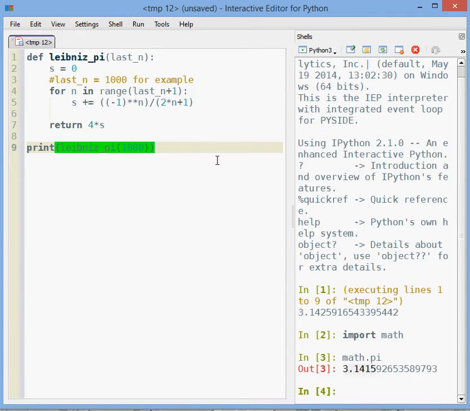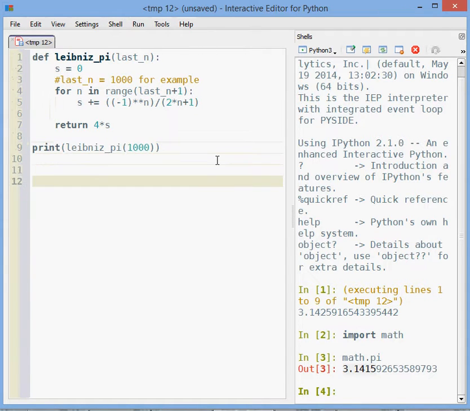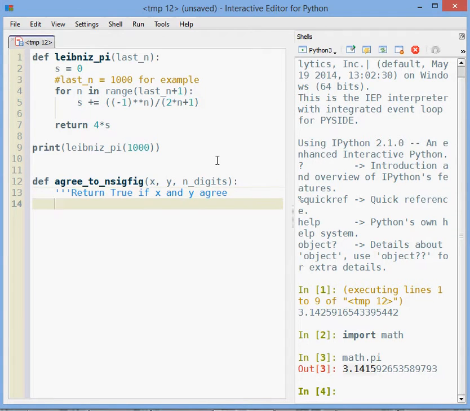So what we'll do is we'll first write a helper function, which would be agree to n sig figs. And what it would return is it would return true if x and y agree to the first n significant digits.